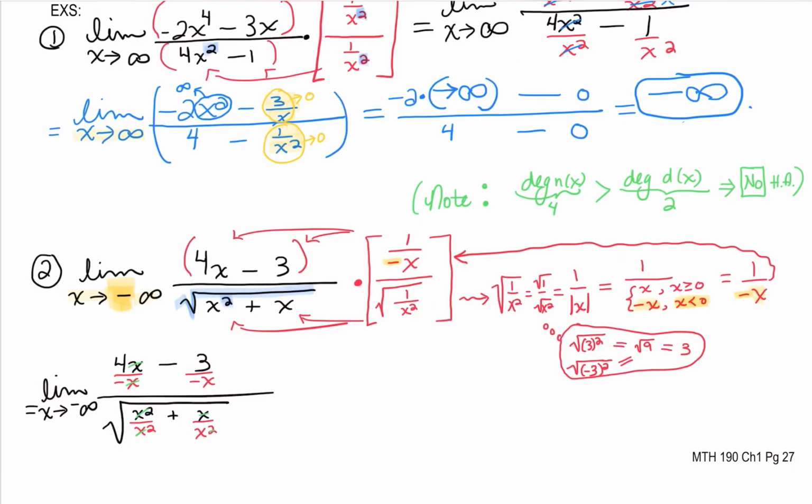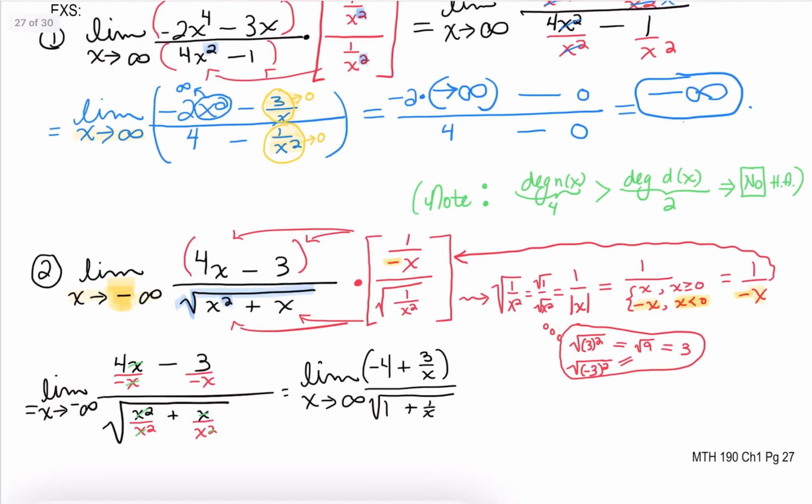You can reduce one of those in that second term under the radical. And so what do we have? We now have our limit as x goes to negative infinity. Looks like in the first term I have negative 4. In the second term I have plus 3 over x, all divided by, in my denominator, the square root of 1 plus, in my second term, 1 over x.